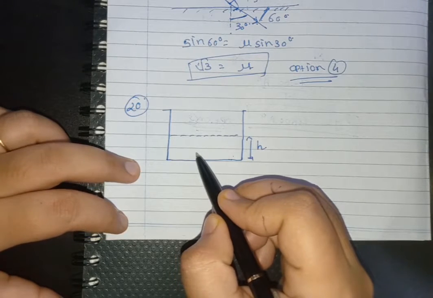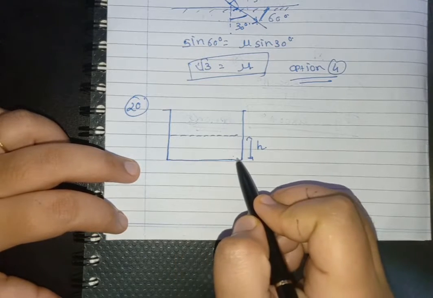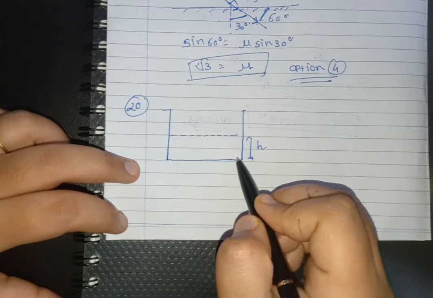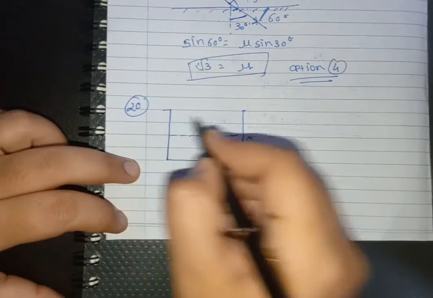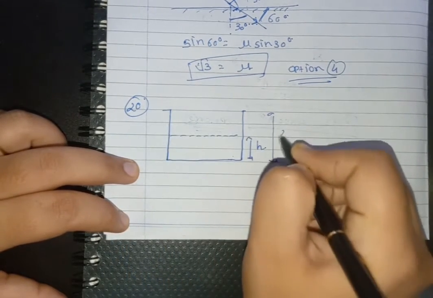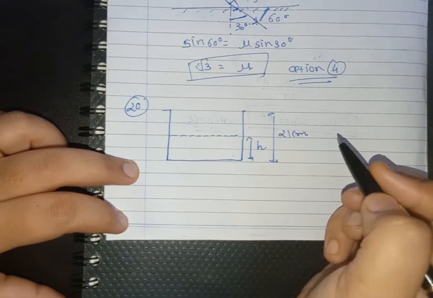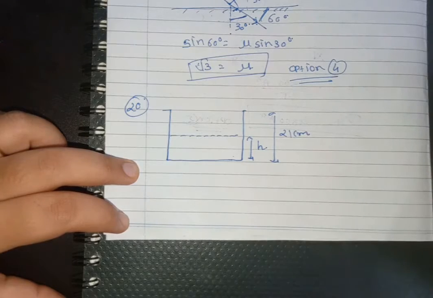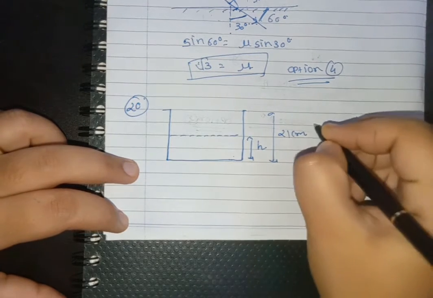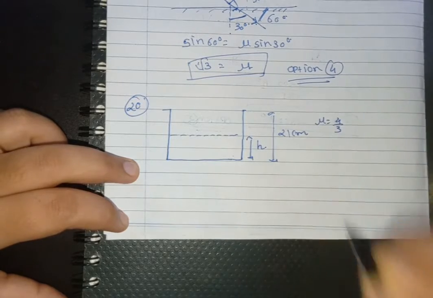In question number 20, we want to find the height up to which water should be filled into a vessel of total height of 21 centimeter such that it appears half filled when viewed from above. Here the refractive index of water is given, mu is equal to 4 by 3.